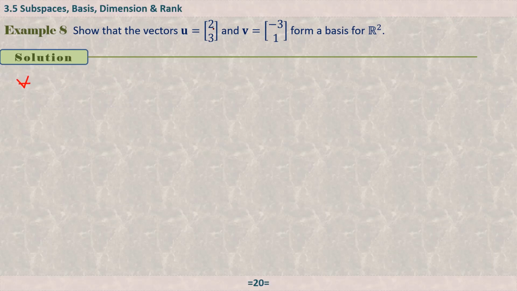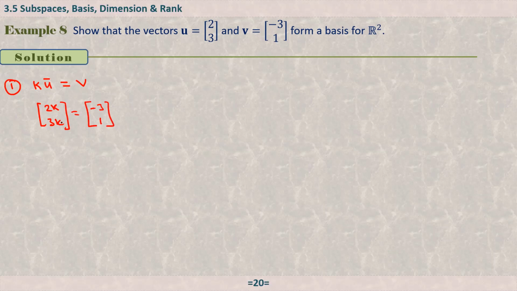So to show that, we know that the scalar multiple of (2, 3) is not equal to (-3, 1). How can we show the first property, linear independence? If you multiply vector u by some constant, it should give us v. Can we find k? It's not possible, because if you multiply u by k, we have 2k and 3k, and on the right-hand side, vector v has components -3 and 1.